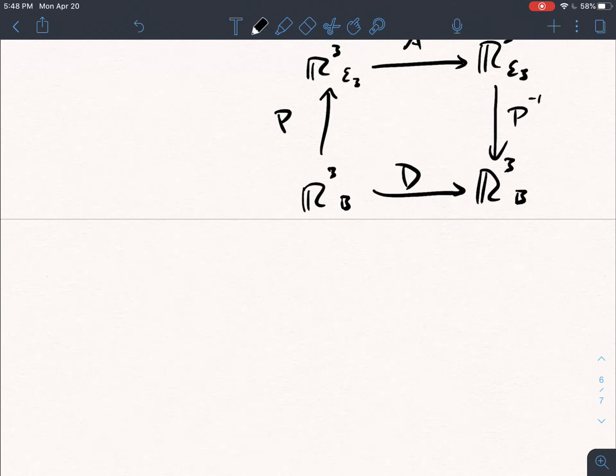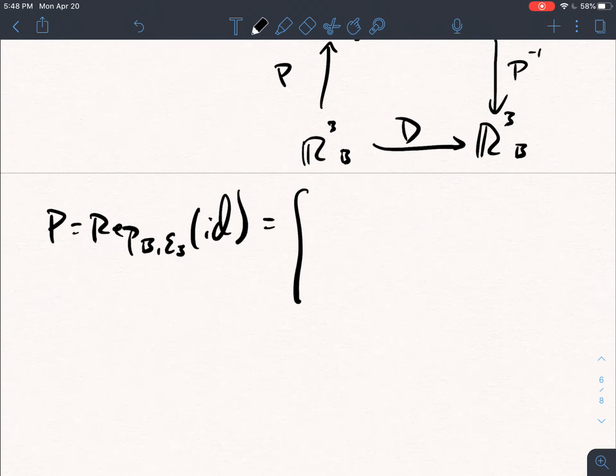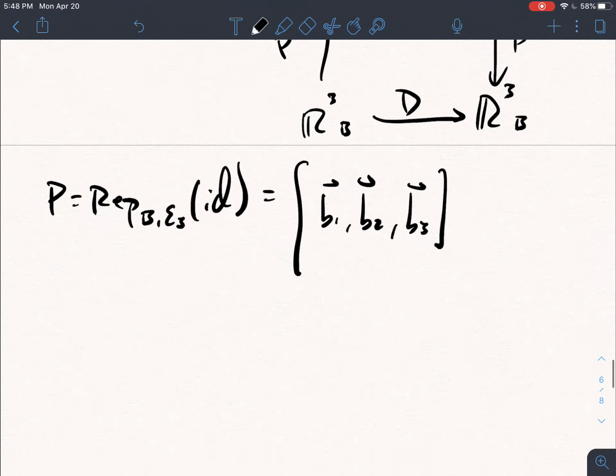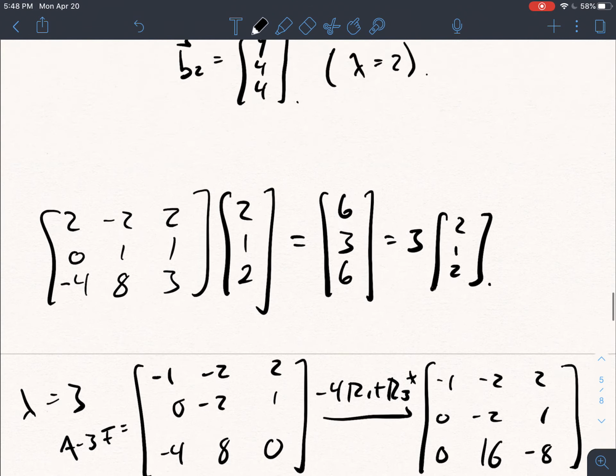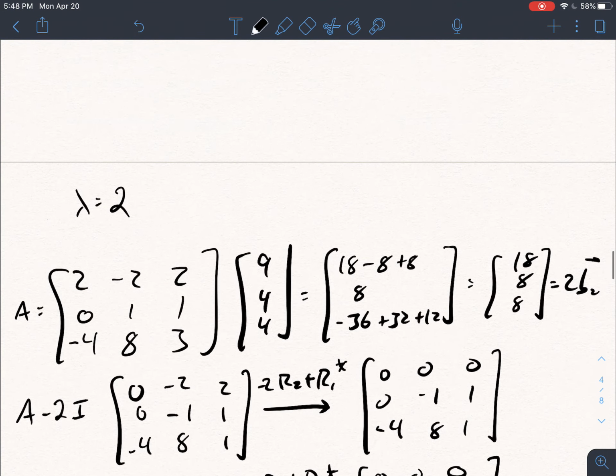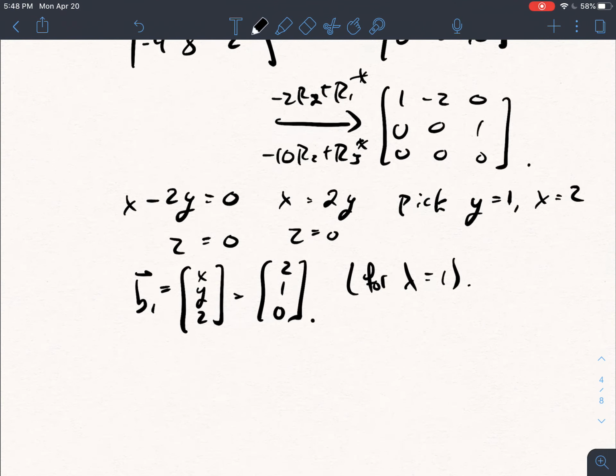That should be a 3. Okay. This will be P because this thing is easier to find, and then the P inverse would just be the inverse of that matrix. So P is equal to the representation of B and E3 of the identity. It's the change of basis matrix from B to E3. This consists of our eigenvectors b1, b2, and b3.